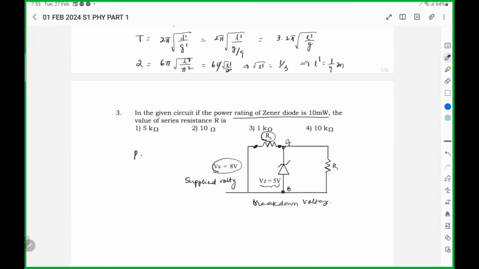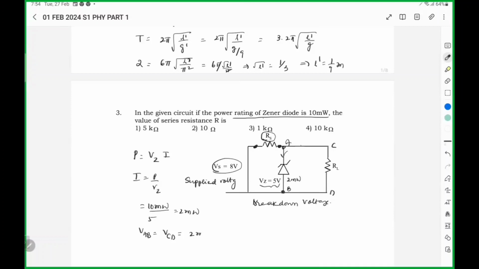Power rating is Zener voltage into current. I here is P by Vz, 10 milliwatt by 5, that is 2 milliamperes. This much current is flowing through this. And what is the potential difference across AB? It is the same as the potential difference across CD, which is how much?